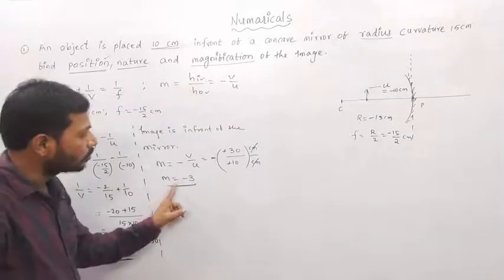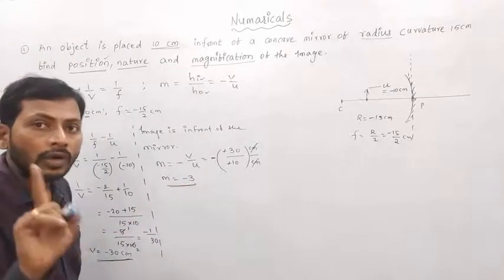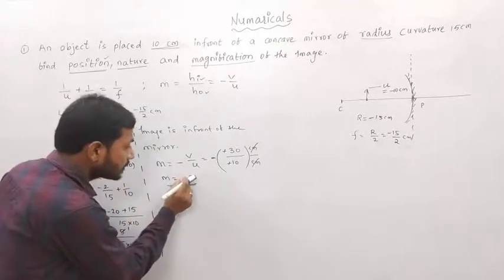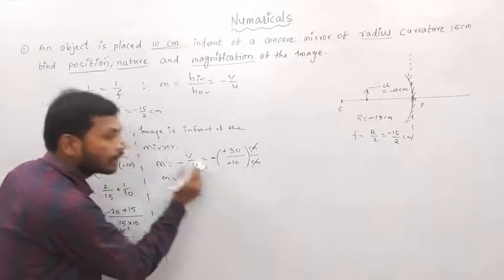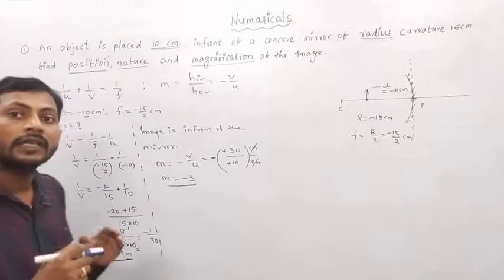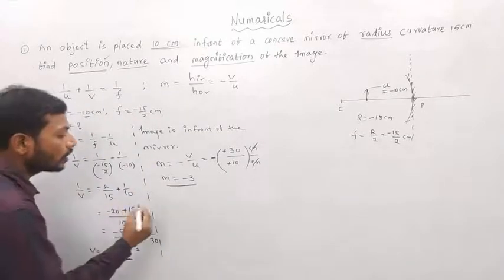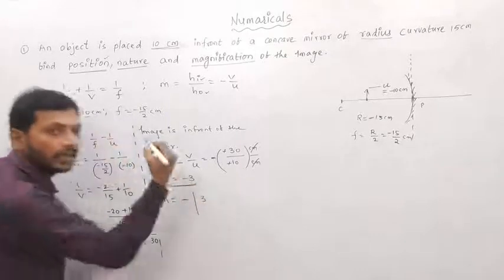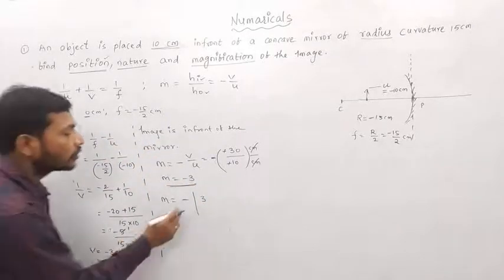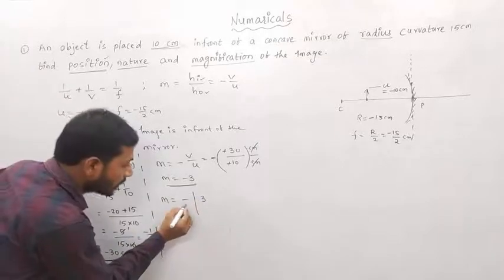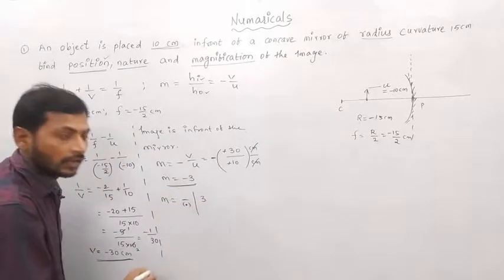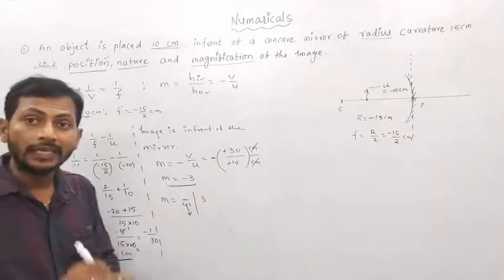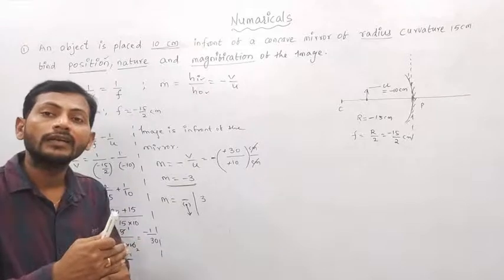When m equals some number is given, don't read it like this, sir, m equals minus 3. Minus is a separate term, 3 is a separate term. What is the use of writing like this, sir? This symbol, minus or plus, gives information about whether the image is inverted or erect.